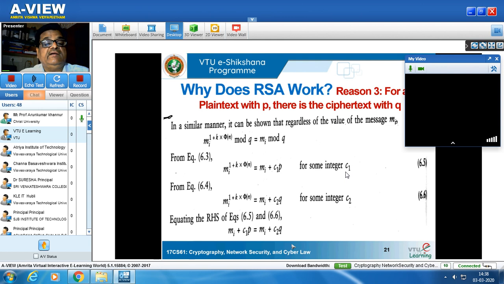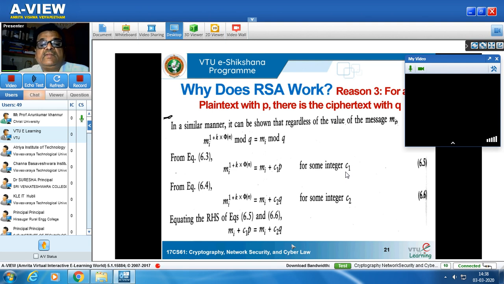As we have done in the earlier stage, in a similar manner, we can show that regardless of the value of the message m_i, because m_i is the plain text, there can be m1, m2, m3 like that. The overall plain text we are going to split into blocks, and each block is referred to as m1, m2, m3 like that.